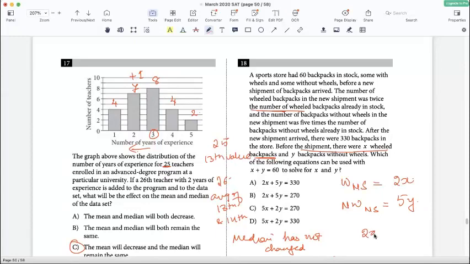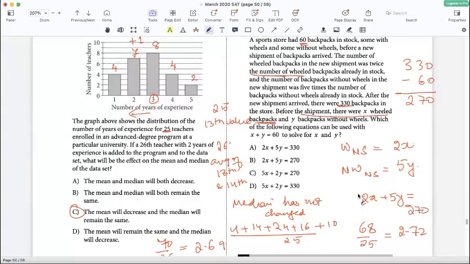So the total number would be 2x plus 5y. And after the shipment, there were 330. So that means the new ones is 330 minus 60 because 60 were already there. So 270. So this is the other equation that can be used. 2x plus 5y is 270, option B.